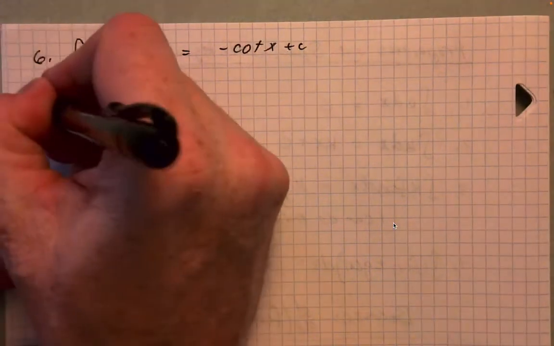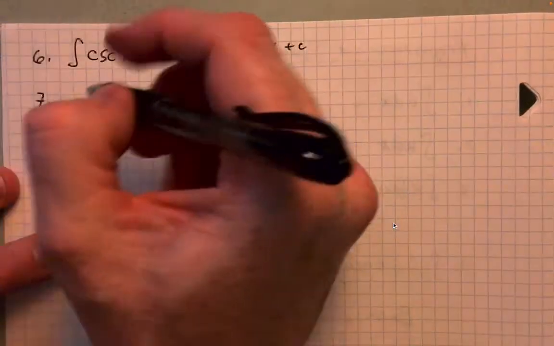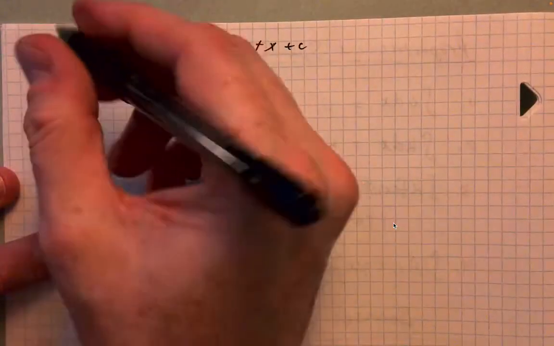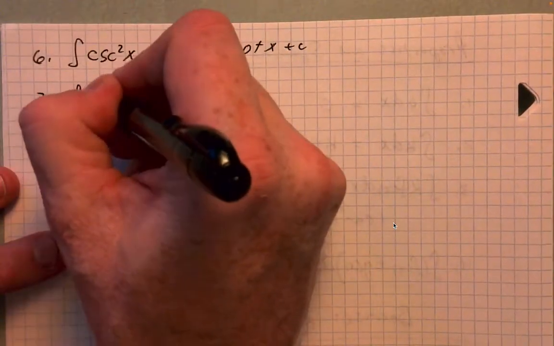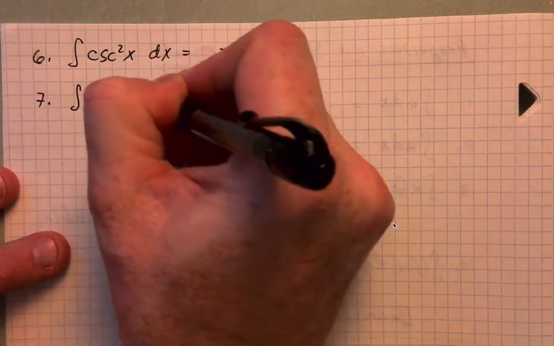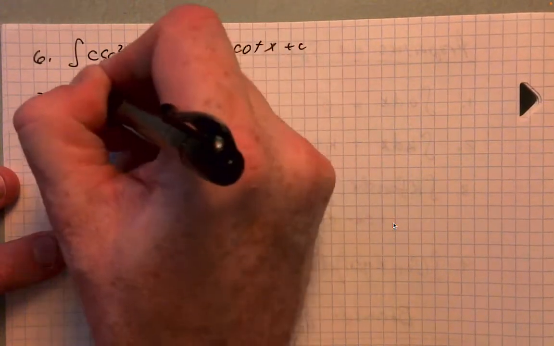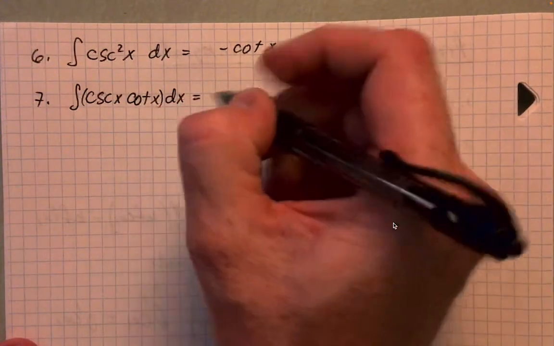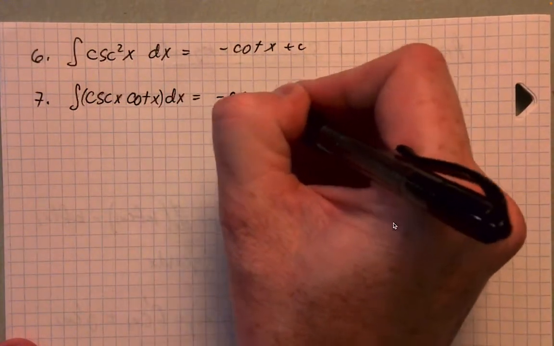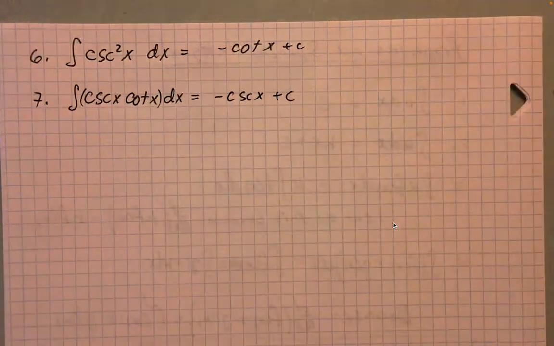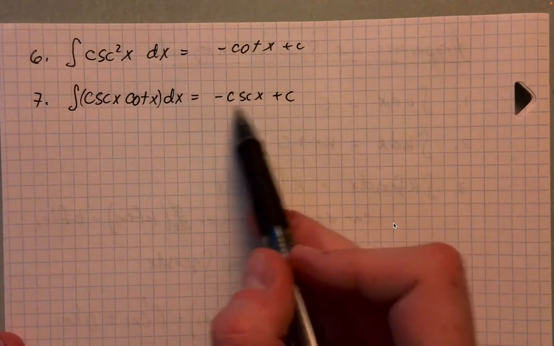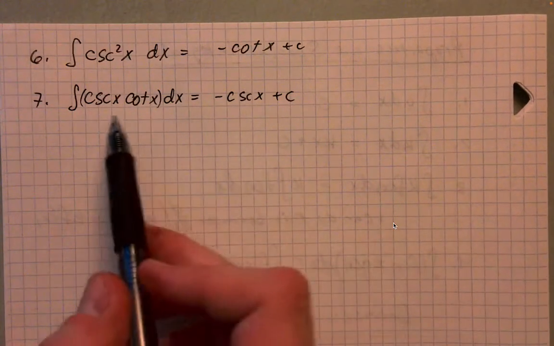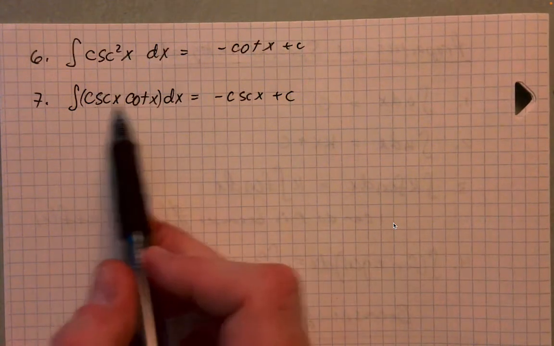One more trig integral. We get cosecant cotangent. The integral of those two multiplied together is negative cosecant x. And again, this is because the derivative of cosecant is negative cosecant cotangent.